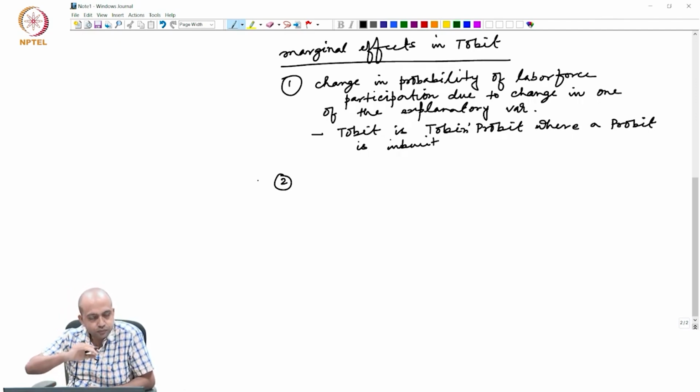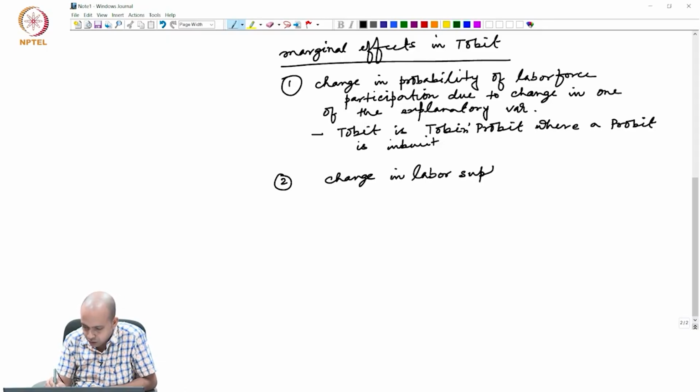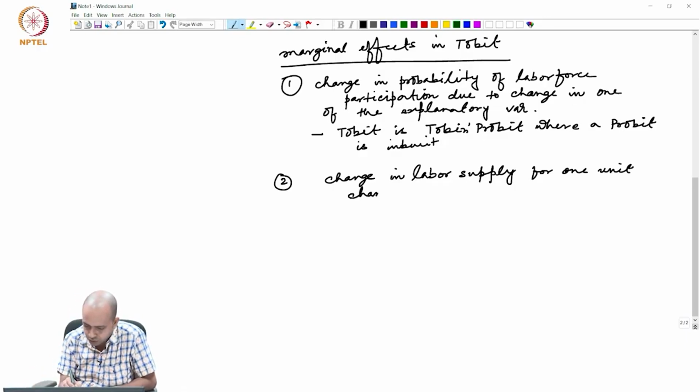And then in the second stage, when you actually participate in the labor force and we can observe your labor supply, from there what you can get is the change in labor supply for 1 unit change in one explanatory variable.